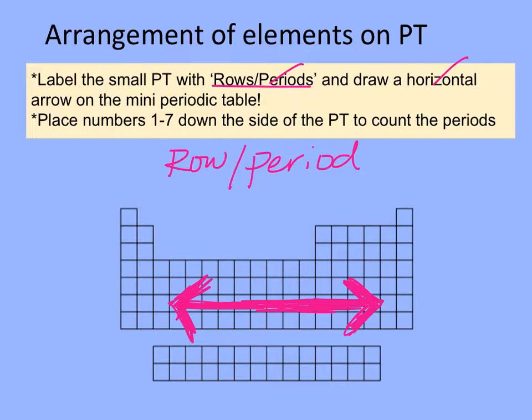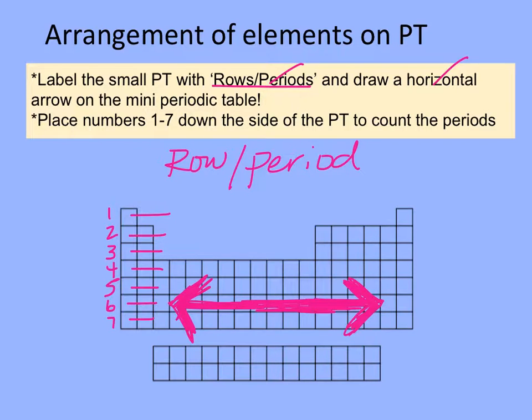Okay, so we labeled it, and we drew our horizontal arrow on the mini periodic table, and now we want to label the different periods with numbers. These numbers are going to tell me what period number it is and therefore how many energy levels there are. Each one of these right here is one period. So we're going to label this one as period 1, 2, 3, 4, 5, 6, 7.